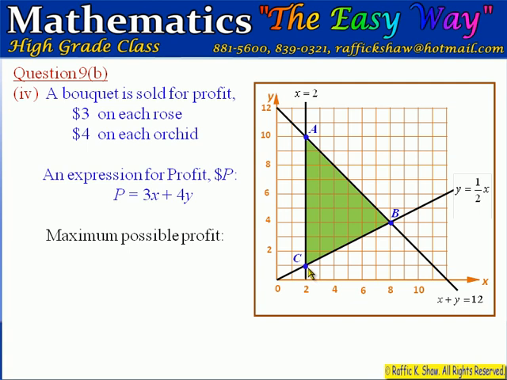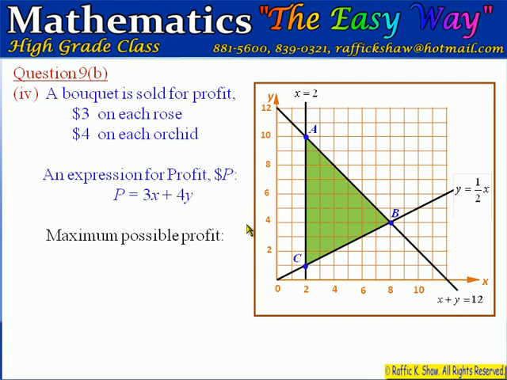And so the maximum profit will occur at either point A or point B, because where A has a higher y value than B, B has a higher x value than A. And so we have to analyze the profit at A and the profit at B and compare those two profits to determine the maximum profit.